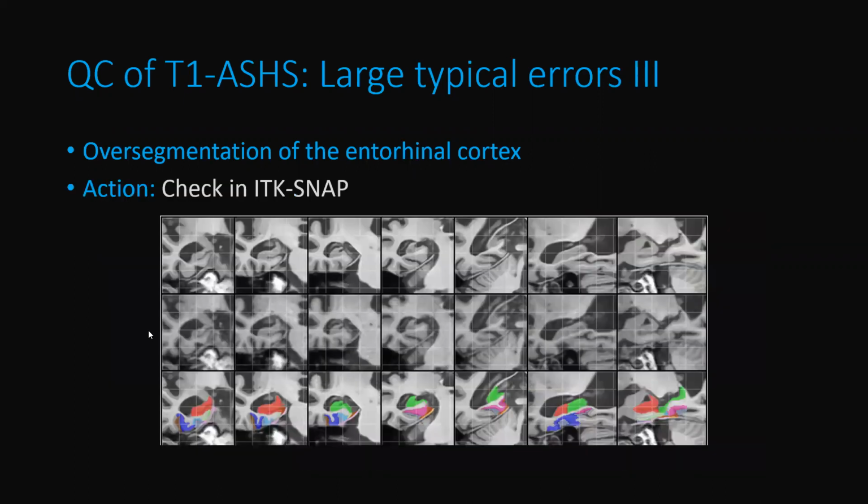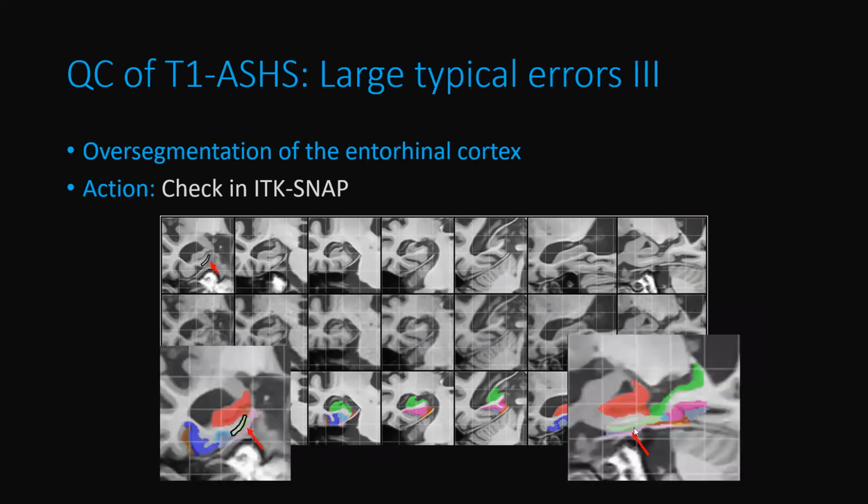But then here I have another example, and this is maybe a bit hard to see, so I'll show a zoom in. Here maybe you can see that the green label in the sagittal plane looks like there are some dark areas under it, so that should maybe have been segmented as cerebrospinal fluid.